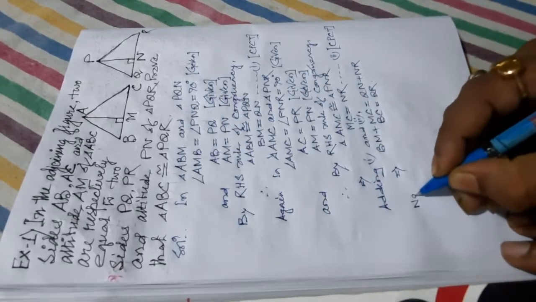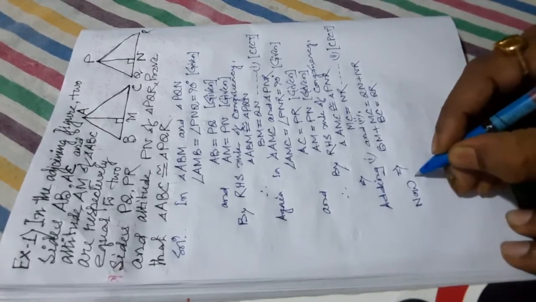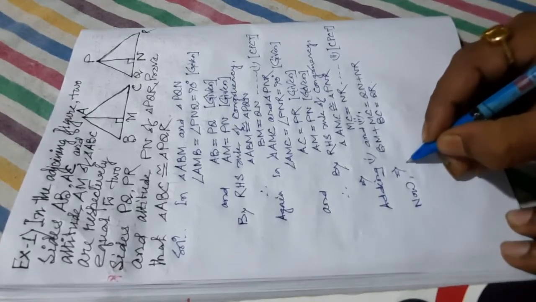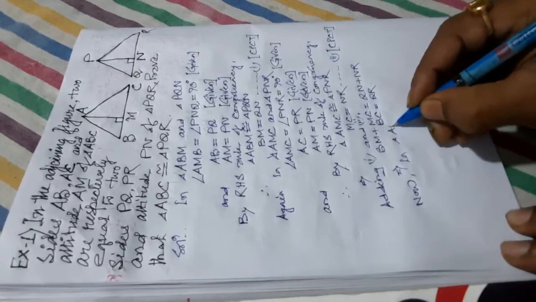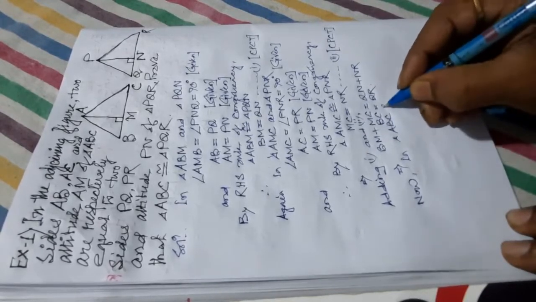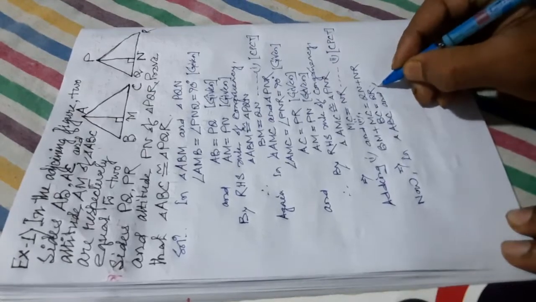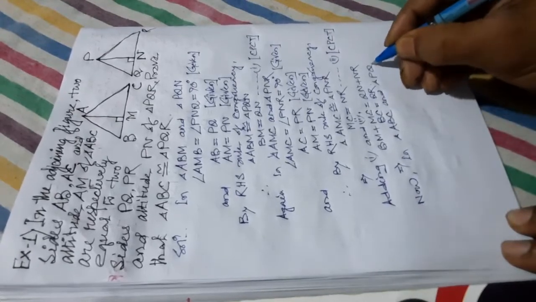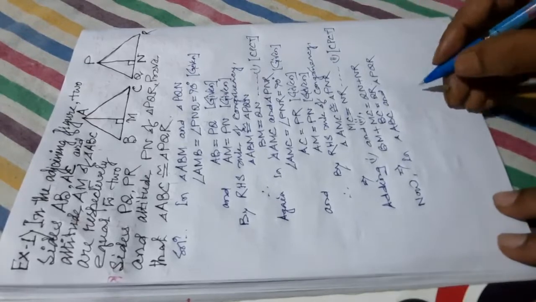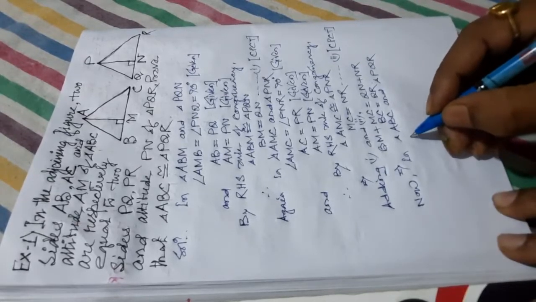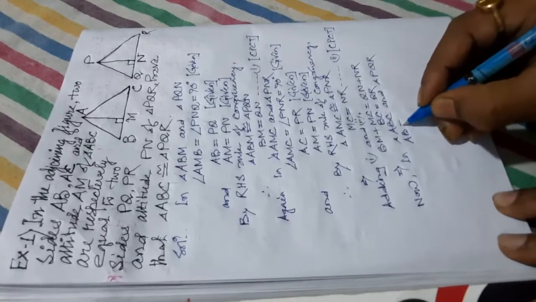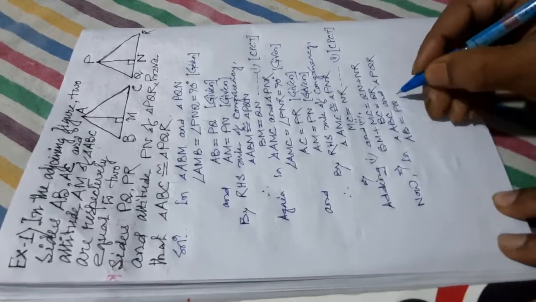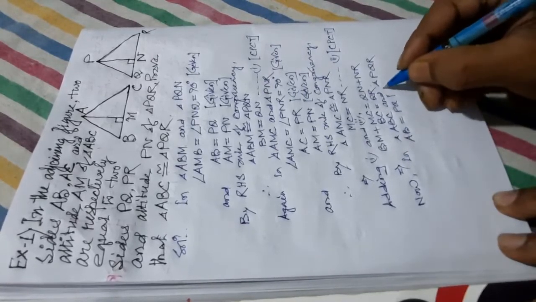Now in triangle ABC and triangle PQR, AB is equal to PQ, given.